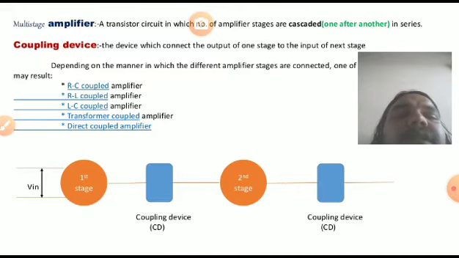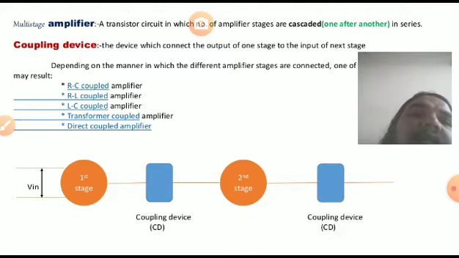The first stage output is connected to the second stage input, and the second stage output is connected to the third stage input. Coupling one or more transistor amplifiers is called a multi-stage amplifier.